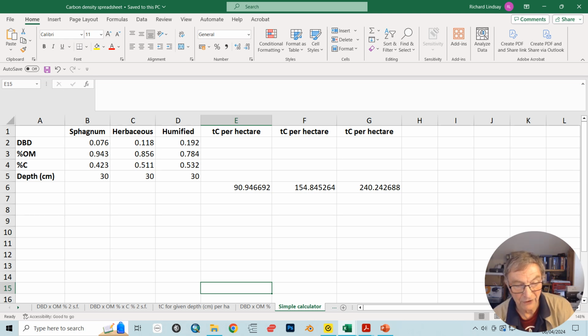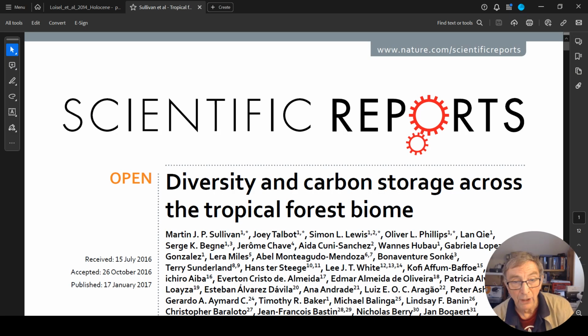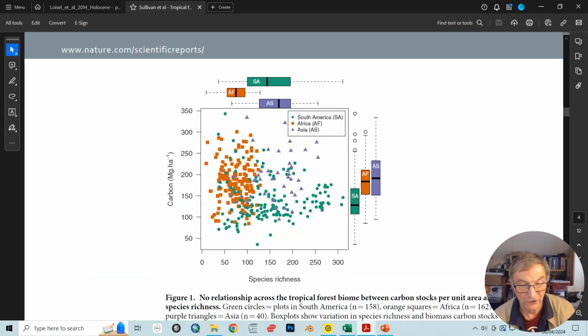Sphagnum-ridge peat is the least carbon dense, but even here, for a depth of only 30 centimetres, at 90 tonnes of carbon per hectare, we are already equaling or exceeding some of the lowest carbon values for tropical rainforest.